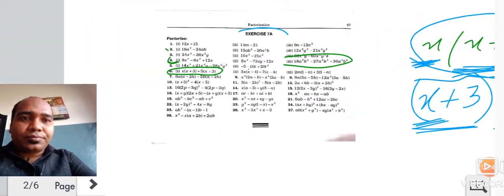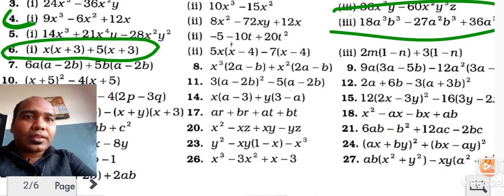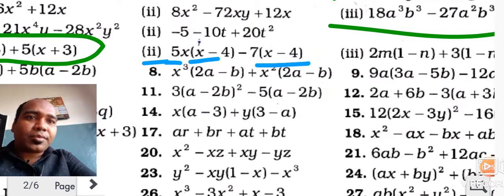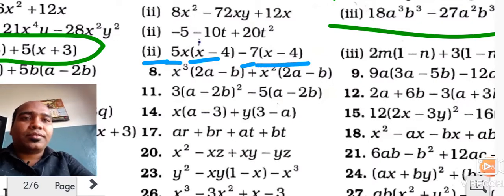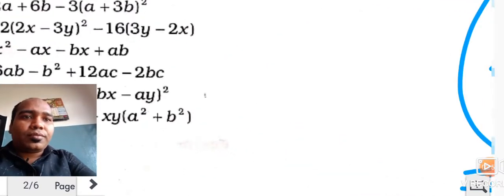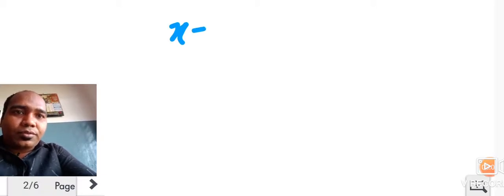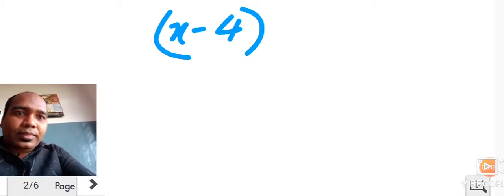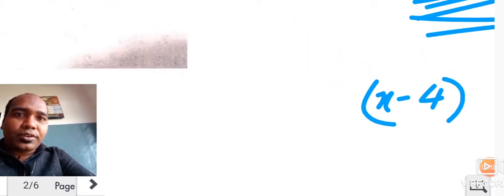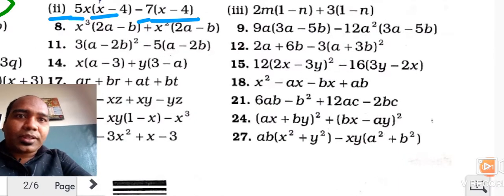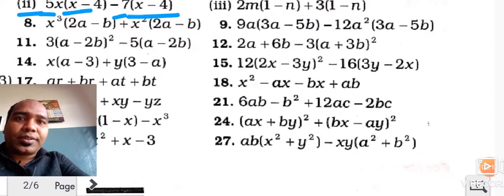Come to another question. This question, question number 2. Look here, x minus 4 is being multiplied with 5x, and here x minus 4 is being multiplied with 7. Got it? So, we can solve this question. x minus 4 is being multiplied with what? x minus 4, once it is multiplied with 5x and once it is multiplied with 7.